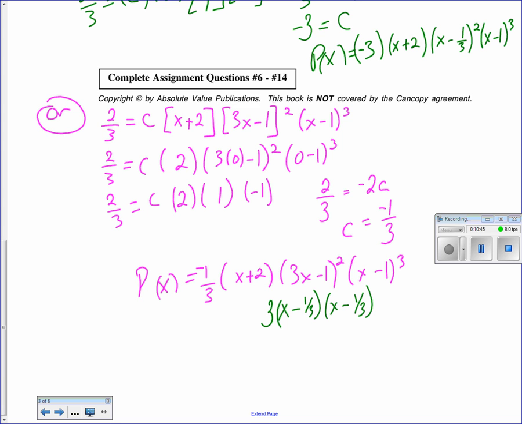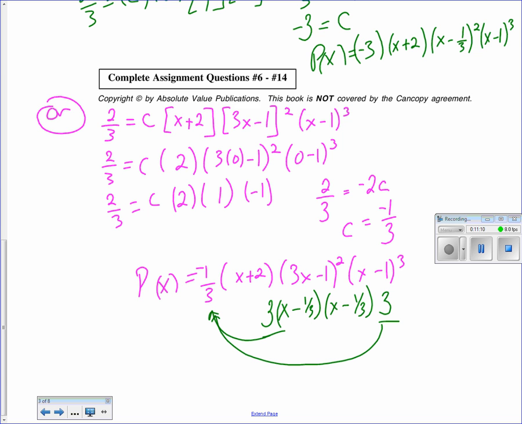That would have had to have occurred with 2 3's. The 3 has to multiply in on the first bracket. The 3 has to multiply in on the second bracket to get my 3x minus 1 squared. Those 3's can manipulate up to the front. They can move up to the front.